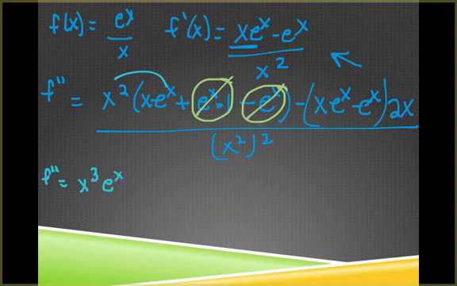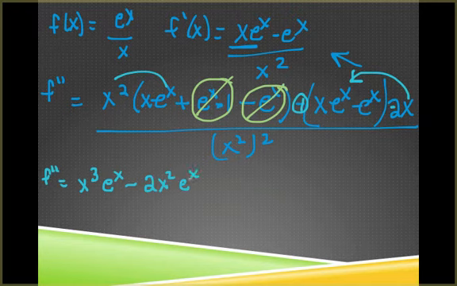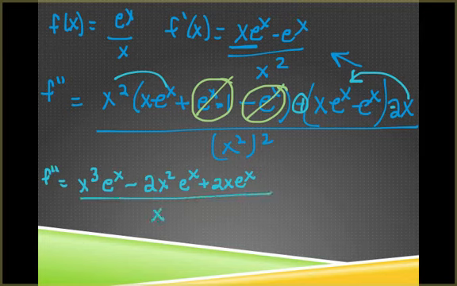Then I'm going to distribute the 2x and my negative. So let's make that plus, and then we'll make that negative 2x and distribute a negative 2x. Negative 2x squared e to the x plus 2x e to the x, all over x to the fourth.